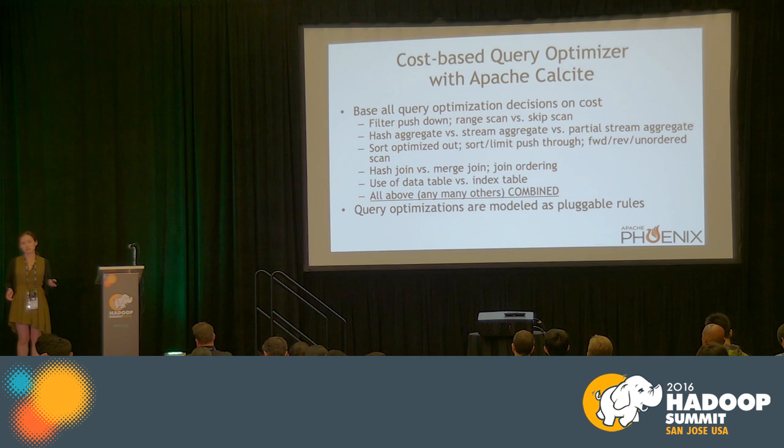The optimizer can fire rules numerous times as long as there's a match, and it's able to figure out the best plan out of all possible combinations it gets from firing these rules. So, as a result, Phoenix plus Calcite is going to do an even better job at filter pushdown or order by optimizations.